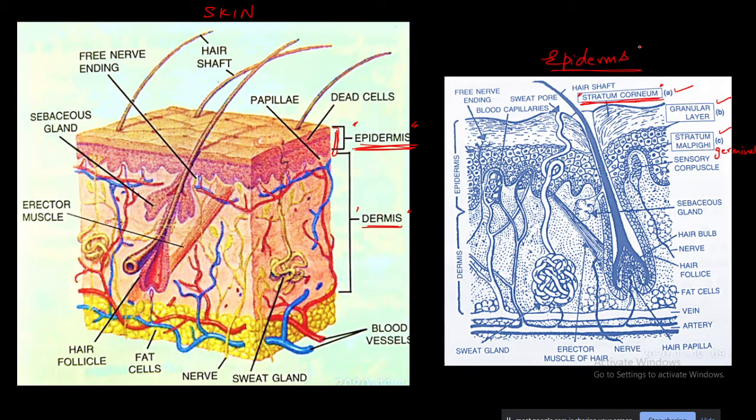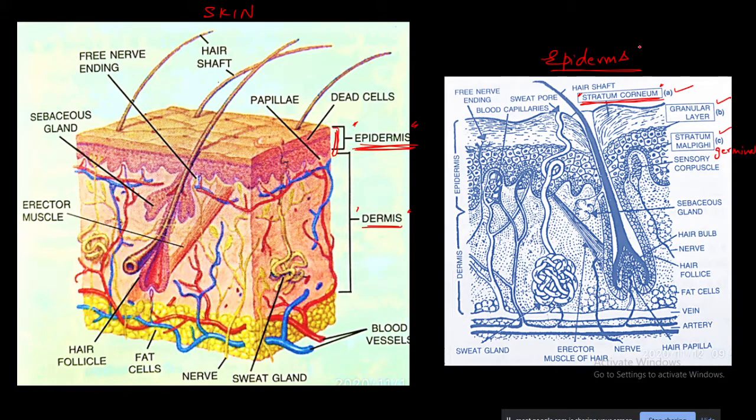So when we look at the structure of the dermis, what we are able to see here is this wavy pattern. If you look at it, it looks like a wavy pattern, right? This one is known as the papillae.